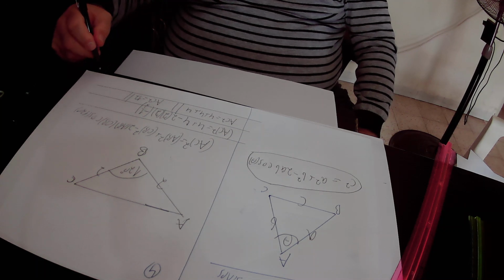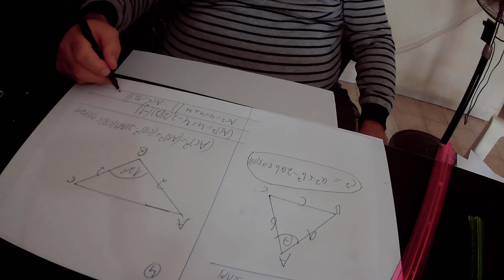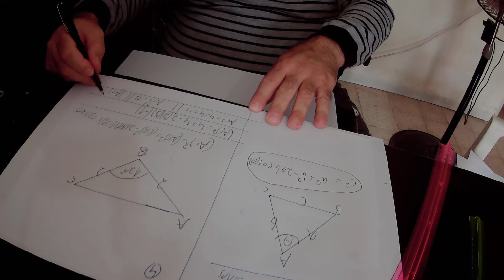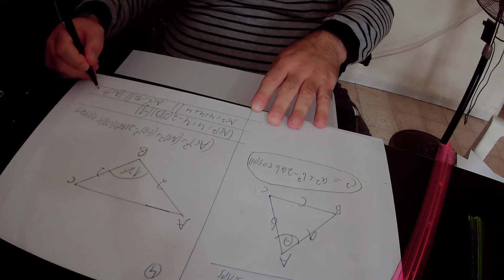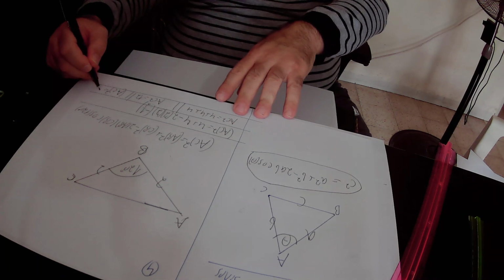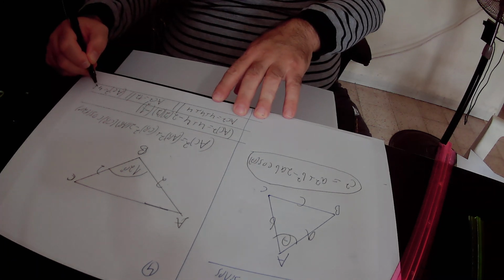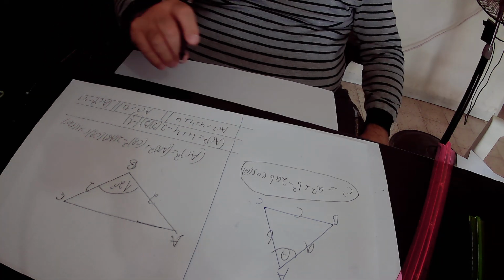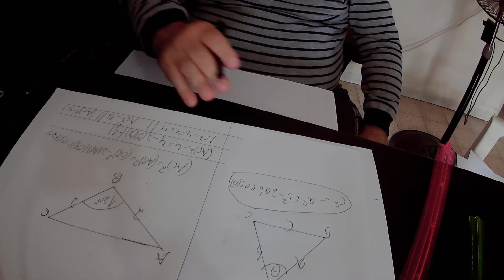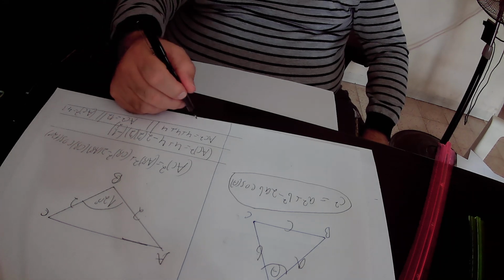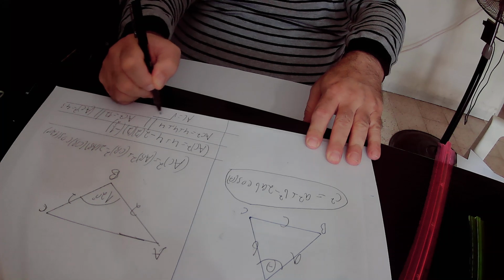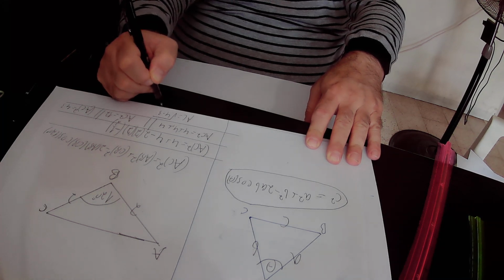Here we'll subtract 12 by 4 times 3, and we'll get that AC square equals to 4 times 3. So here we'll take a root out of this equation, and we'll get that AC equals to the square root of 4 times 3.